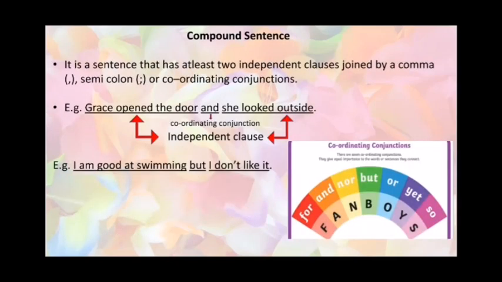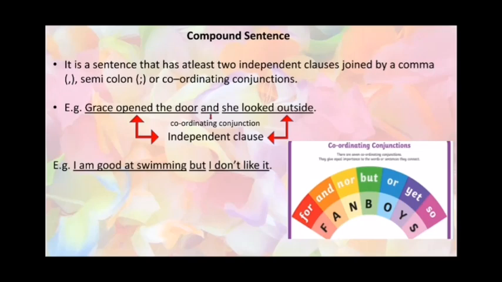Next is the compound sentence. A compound sentence is a sentence that has at least two independent clauses, that is principal or main clauses, which are connected by either a comma, semicolon or a coordinating conjunction. So children, coordinating conjunctions are given below.